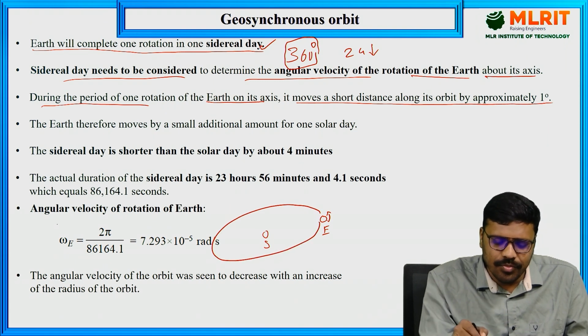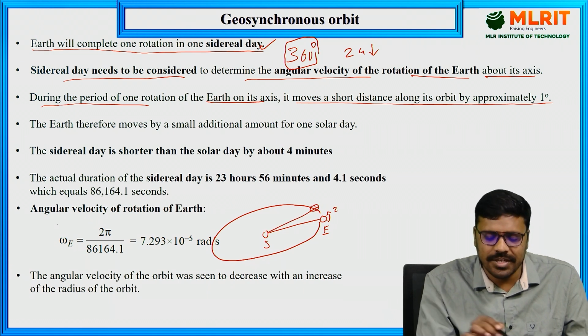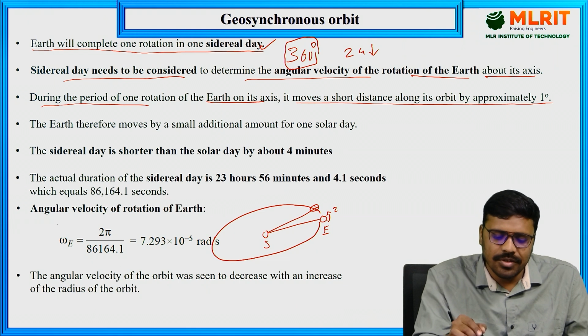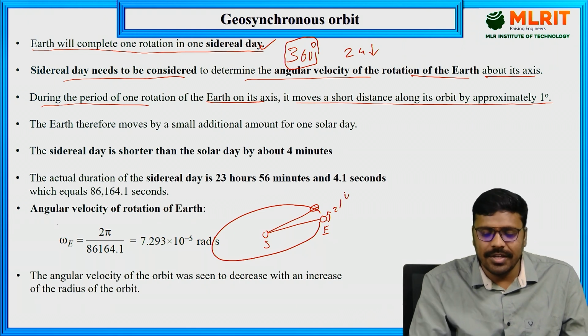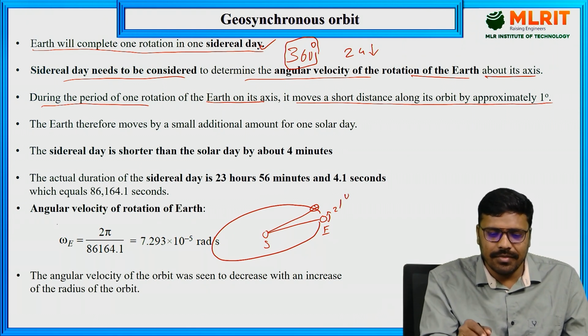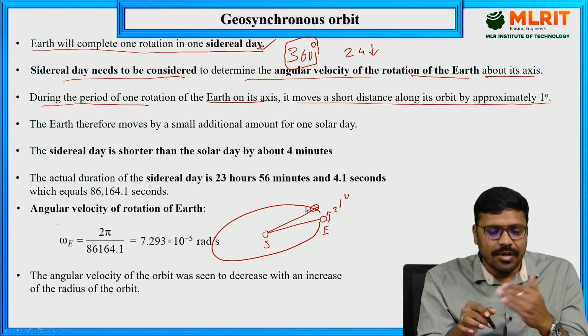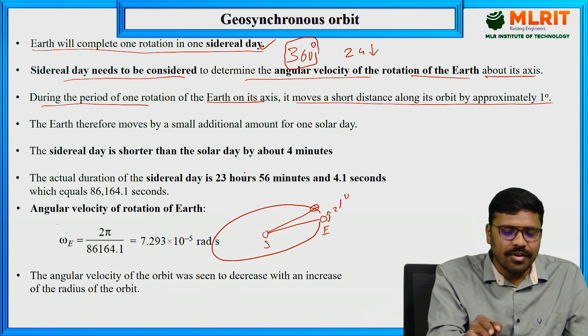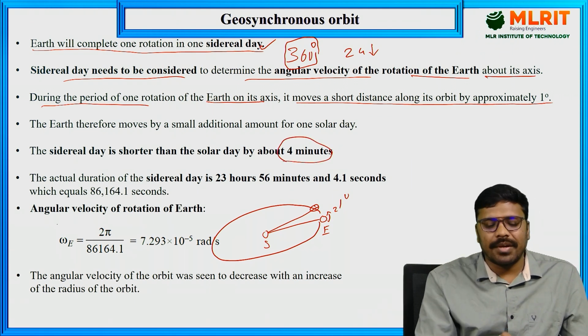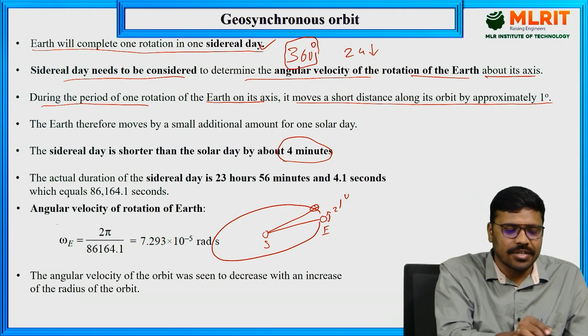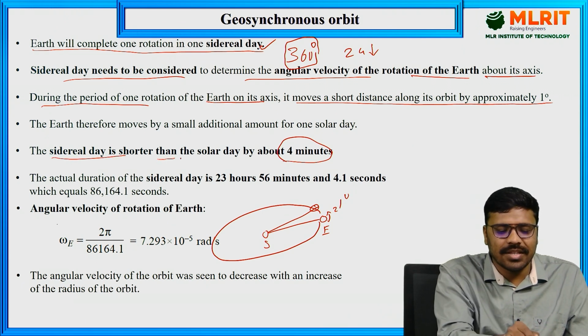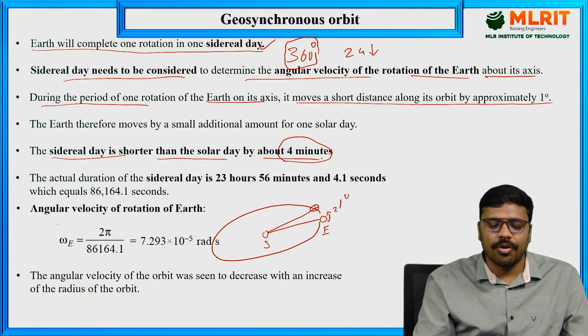So while it rotates about its own axis, in 24 hours it also covers some distance in its orbit around the Sun, by around 1 degree. Because of this, the Earth takes around 4 minutes less to complete a 360 degree rotation. So the sidereal day is shorter than the solar day by about 4 minutes.